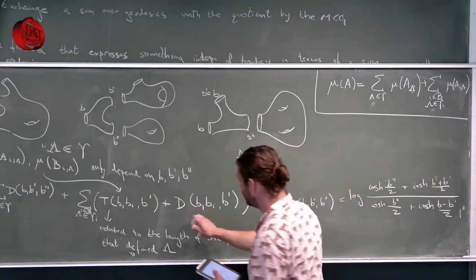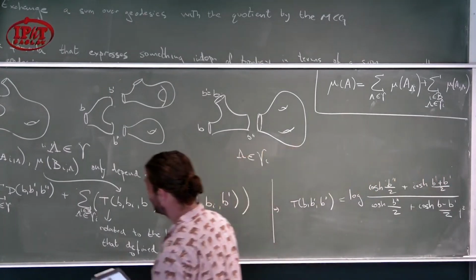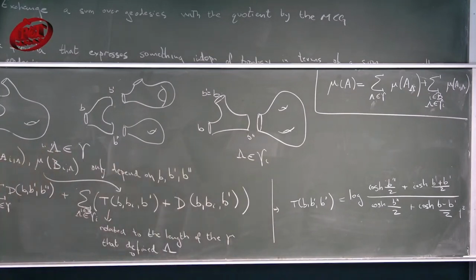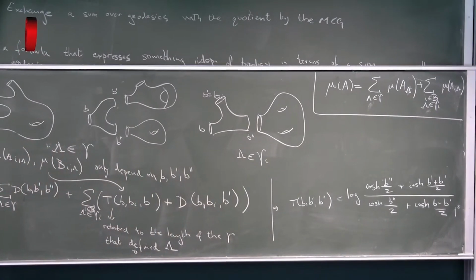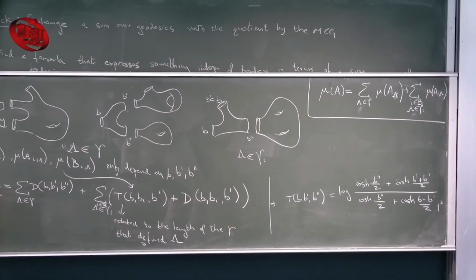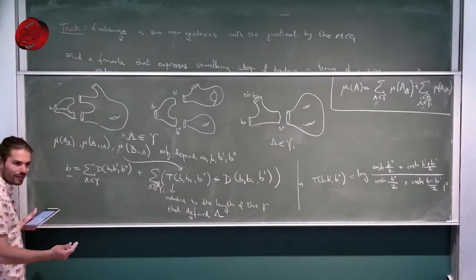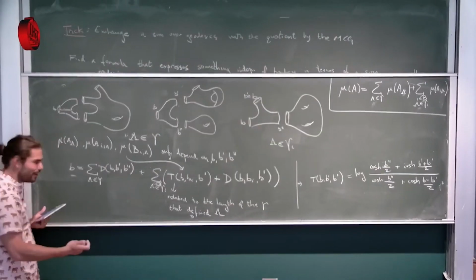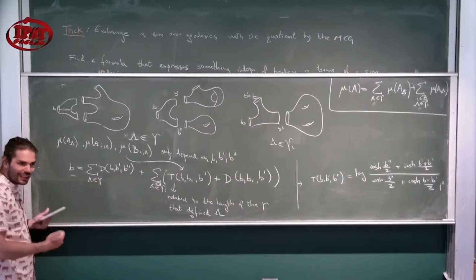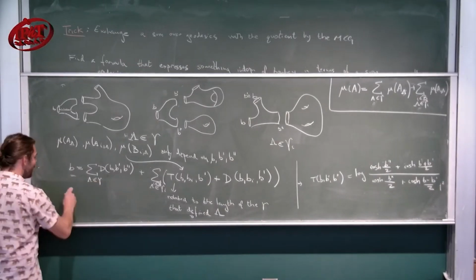And the D can be determined by looking at the special case in which I write down this formula for the pair of pans itself. So for the pair of pans itself, upsilon is unique. It's the pair of pans itself.